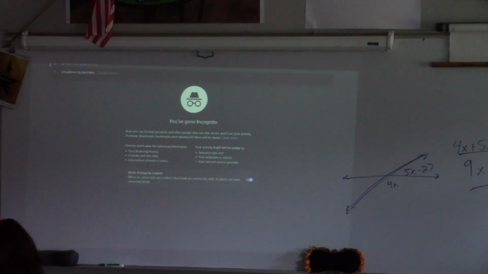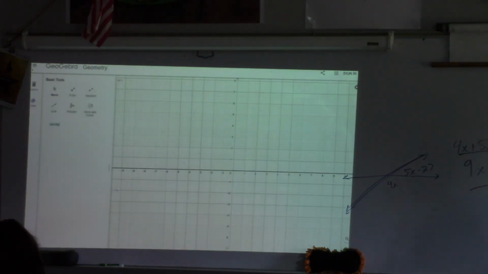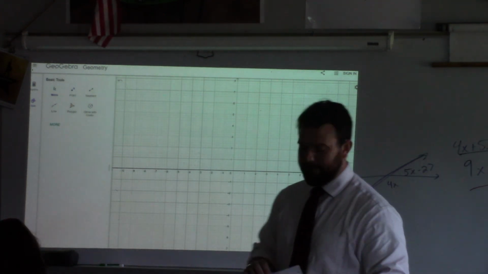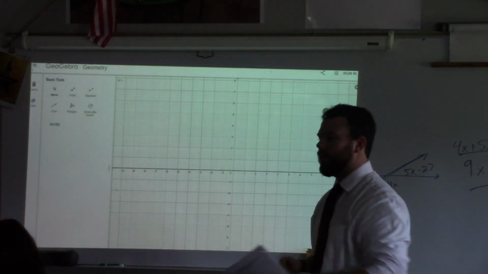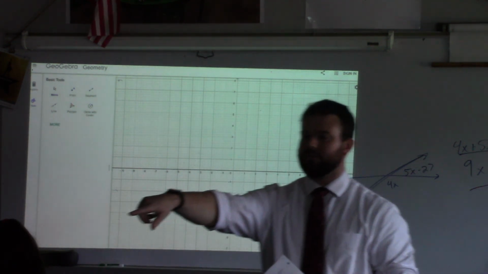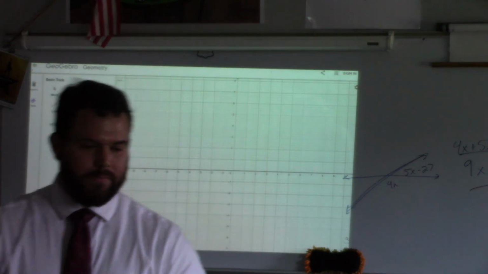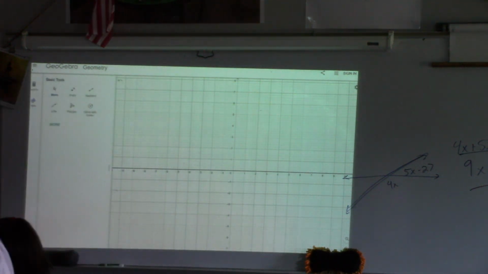Geometry.org/geometry. Okay? This is what you should be looking at right now. There's a screen like this. It's on the sheet in front of you that I just passed out. Go to the link on the sheet, type in the URL.